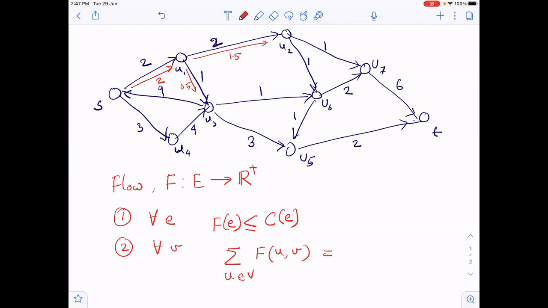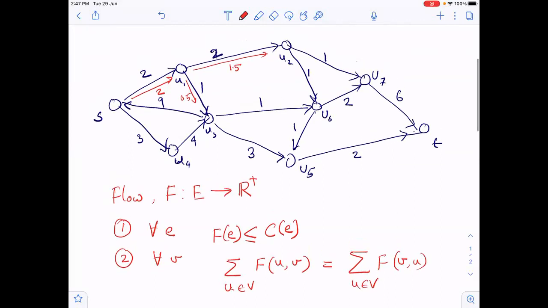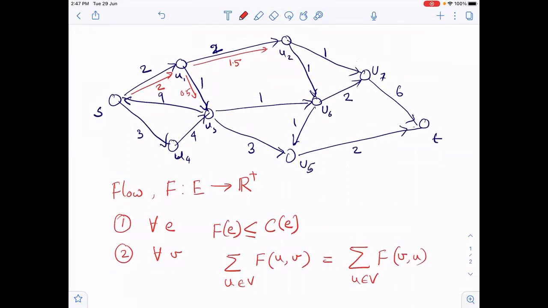This should be equal to the amount of flow going out from that vertex to all the places, right? So neither can I store things over here, nor can I produce extra stuff from here. Okay, and this is a flow.